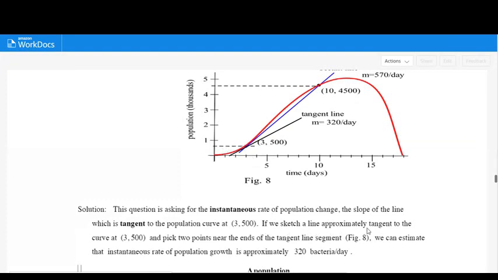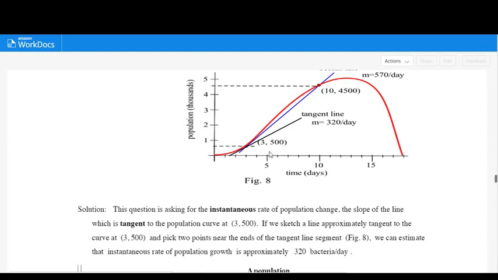If this question line approximately tangent to the curve at 3, 500 and pick 2 points near the ends of the tangent line segment, same sa first na topic kanina or first section kanina. So it could be to the right or to the left. So we can estimate the instantaneous rate of population growth is approximately 320 bacteria per day.